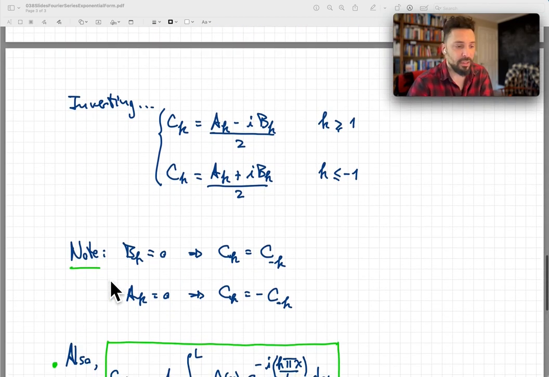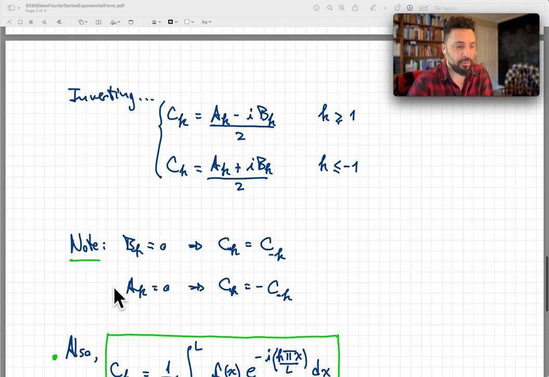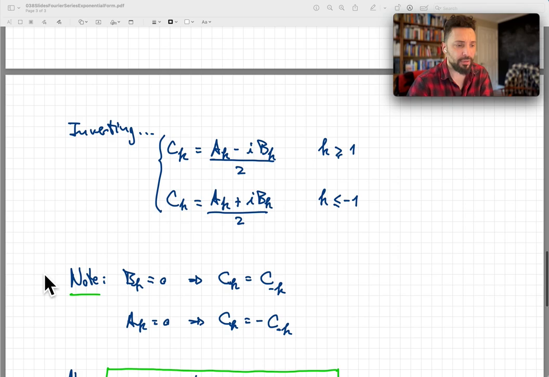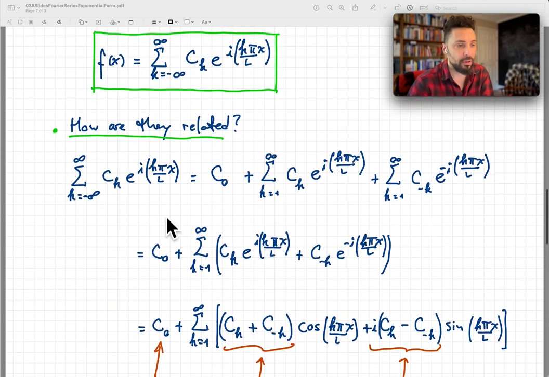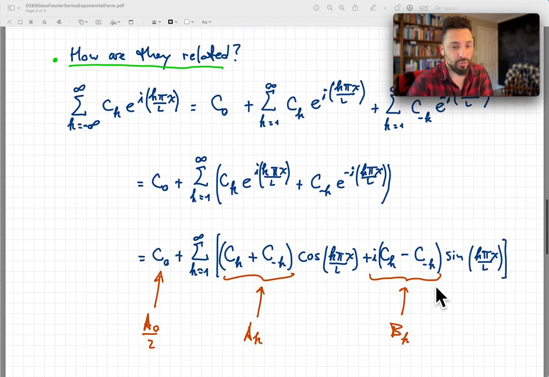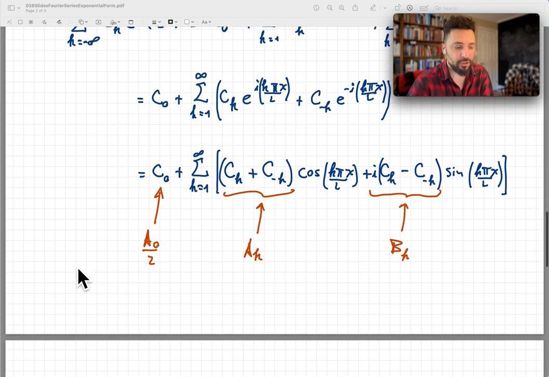For odd functions, the opposite happens. The bk's survive typically, and the ak's are all 0, which means that ck is equal to minus c of minus k. So that's how the ck's are connected to the ak's, that is to say, how our exponential form of the Fourier series is connected to the conventional form in terms of trigonometric functions.